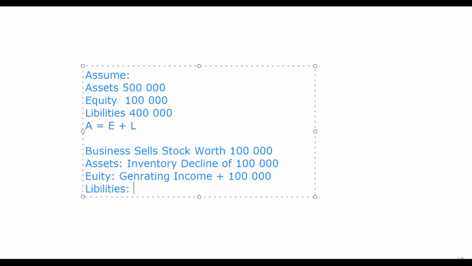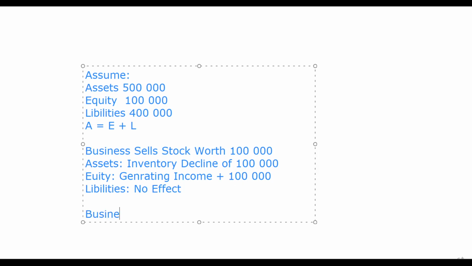If you sell inventory in terms of cash items, it's not going to affect the liabilities. So no effect on the liabilities. Let's look at another example. Let's say that the business pays off its bank loan of 50,000 rand.